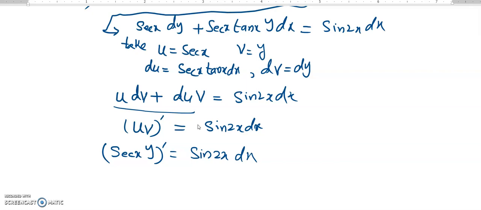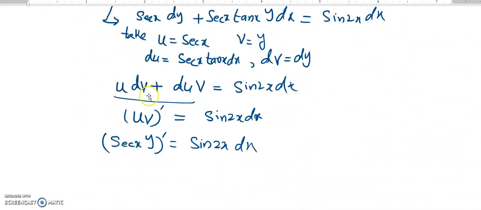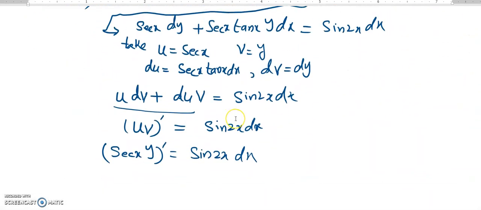The rest is the same as above. In any case, the purpose of finding the integrating factor is that the left hand side will always be the integrating factor times the function y, and in this case the integrating factor is secant x or 1 over cosine x, so it will be the integrating factor times y, and then prime.